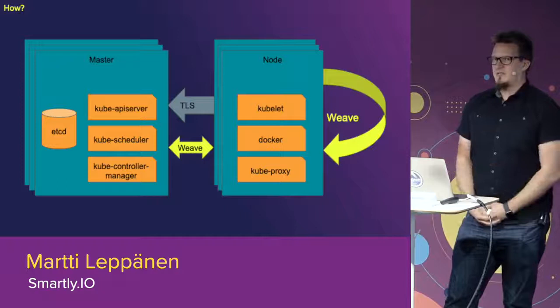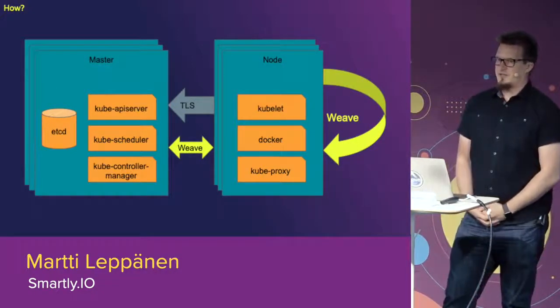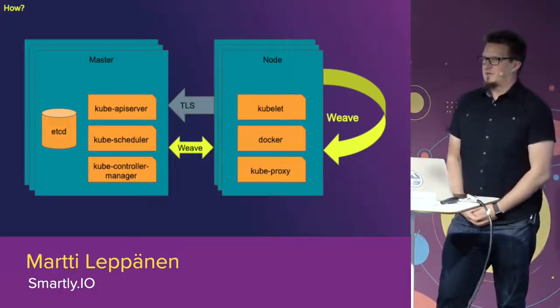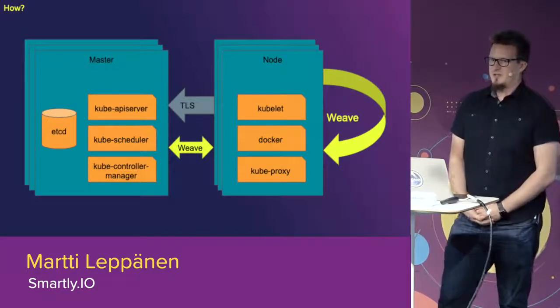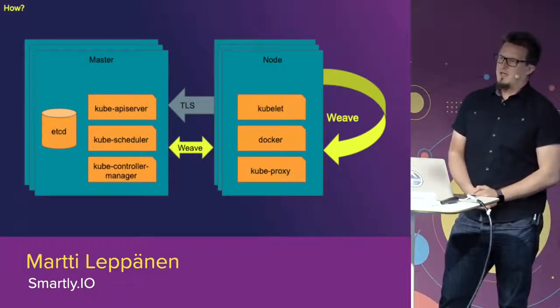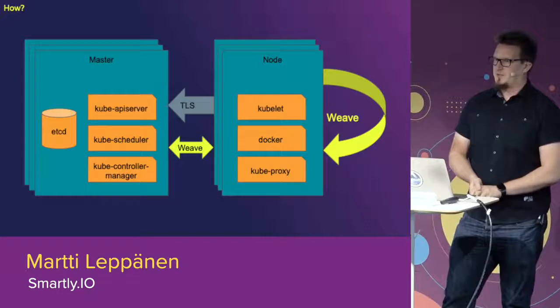And when you're running self-hosted Kubernetes, you might not have the luxury of having your own internal LAN. So you can treat all communication between nodes as potentially someone listening. So everything that goes between nodes and goes between the master needs to be encrypted to be safe from potential attackers.